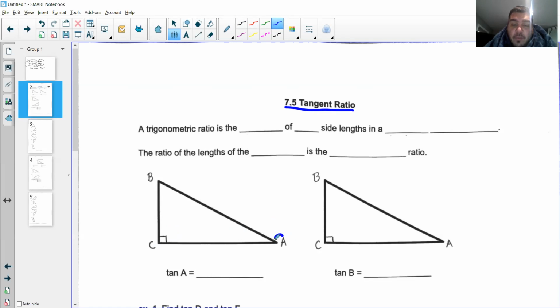Now, if we're comparing it to capital A, so angle A, you have a couple of sides going on. You have the hypotenuse over here. And we know the hypotenuse is always the side across from the right angle.